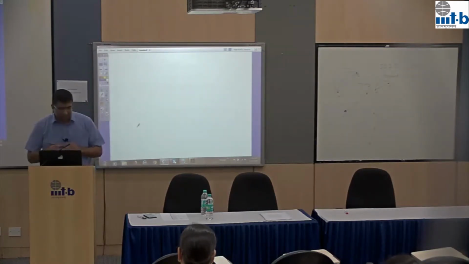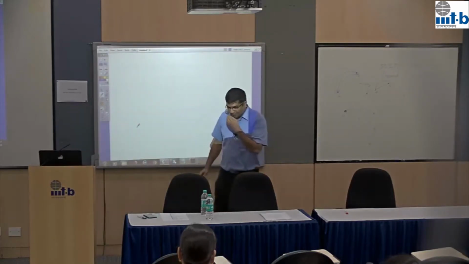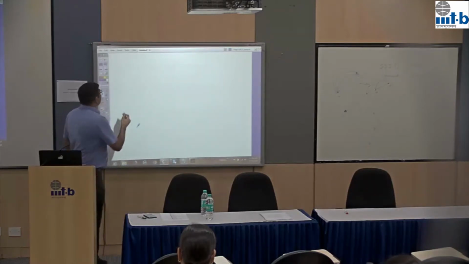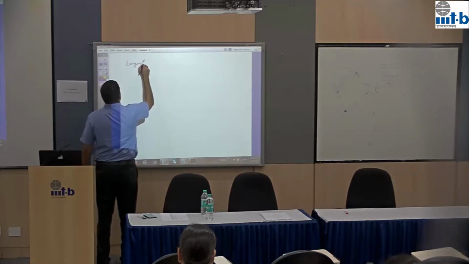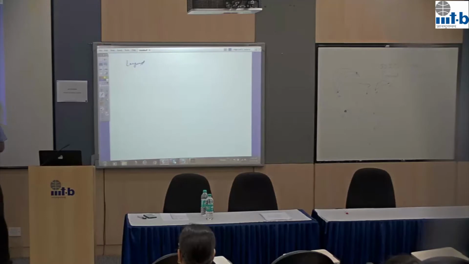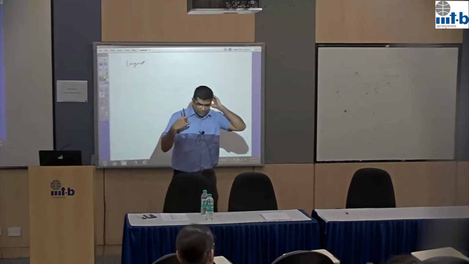There's one more terminology I'd like to give before we proceed further: the idea of what is called the language. If you see what we saw earlier, let us say the square root problem or the GCD problem.